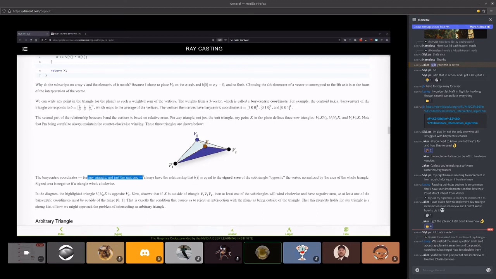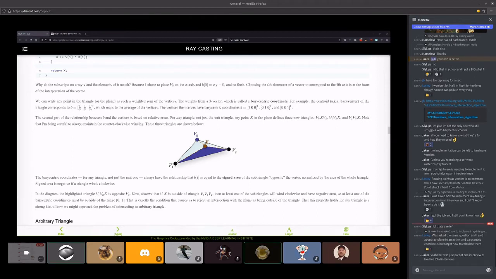So how do you know if the point is outside of the triangle? That's a good question. With the barycentric weights, calculate the barycentric coordinates. If any one of them is less than 0 or greater than 1, then it's outside.